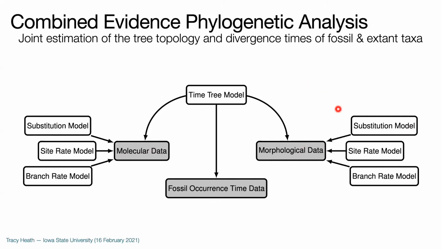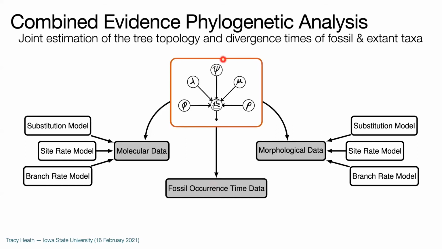And these two character data sets are really linked because we assume that they came from the same overall time tree. And the generating process for that time tree is the one that also gives rise to our fossil occurrence observations. And so here is where we can fit in the part of the model that is the fossilized birth-death process.